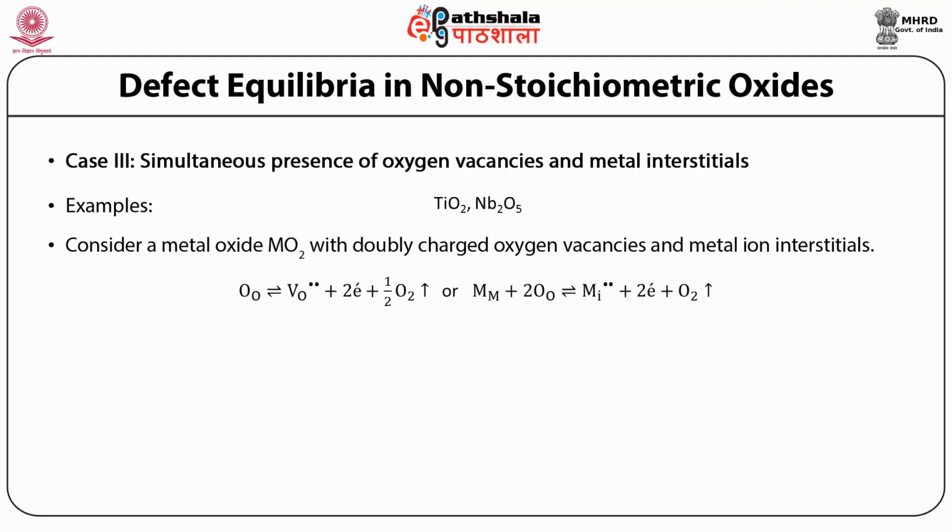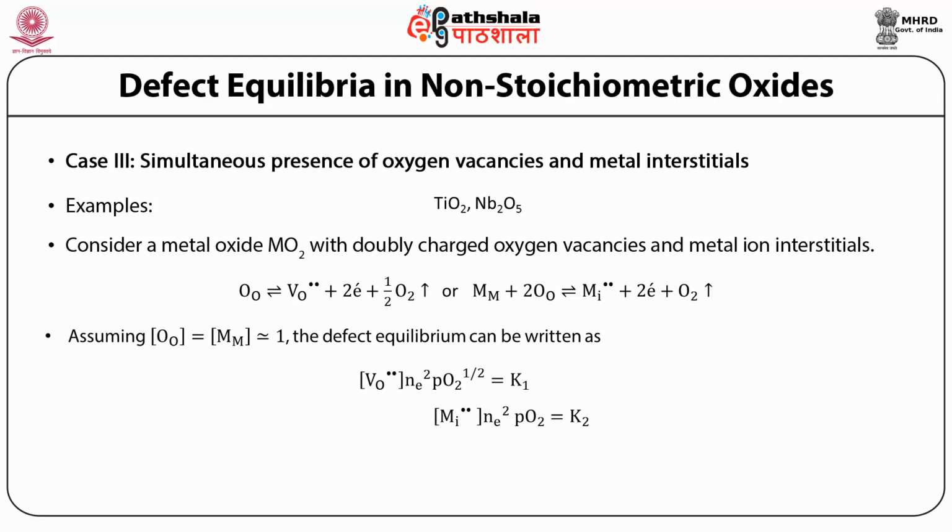Consider a metal oxide, that is MO2, with doubly charged oxygen vacancies and metal ion interstitials. The corresponding defect reactions are OO gives VO double dot plus 2 electrons plus half O2, or MM plus 2OO gives Mi double dot plus 2 electrons plus O2.